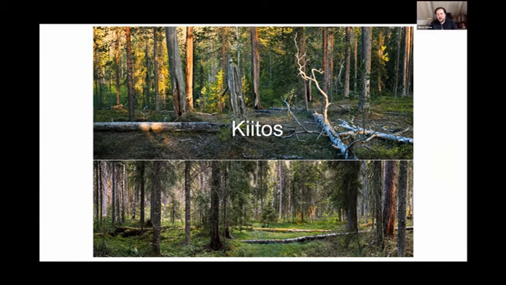We can move forward. It's a question about retention here. What do you consider to be sufficient retention in order to be called nature-based forest management? Well, this is interesting. There are no hard lines.